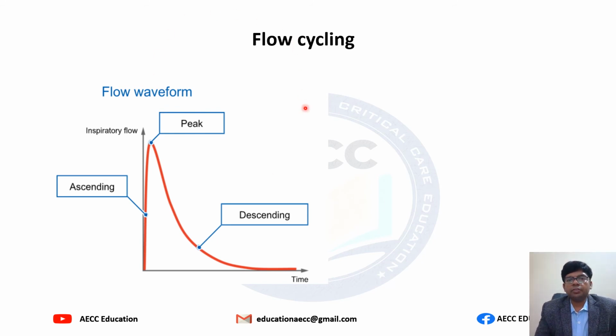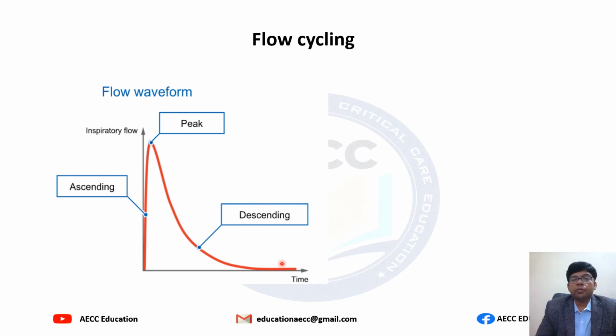The flow cycling is designed for the active patients. In a pressure breath, the inspiratory flow is uncontrolled. Typically, the inspiratory flow rises quickly to the peak at the beginning and then drops gradually back to zero.